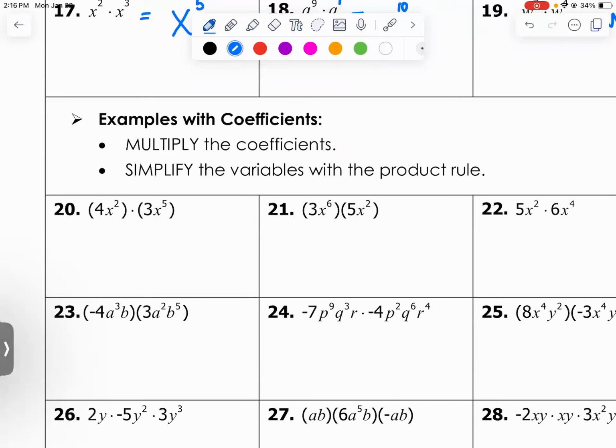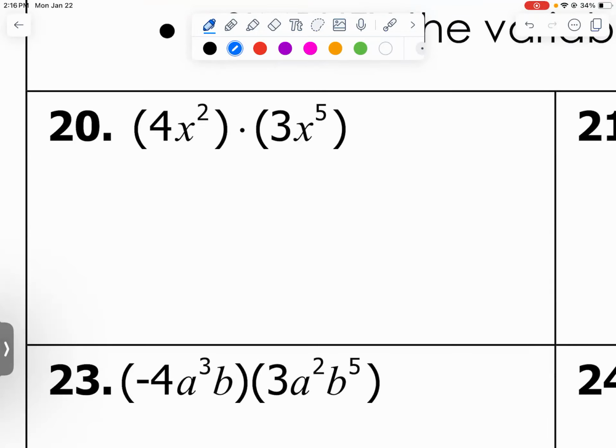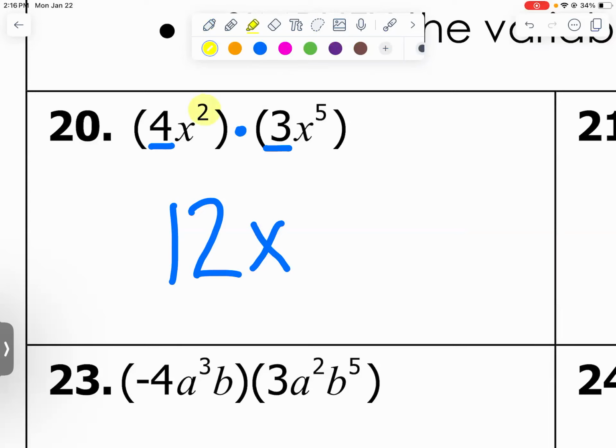So like in number 20, don't overthink this. Do we know how to take 4 times 3? What is it? 12. But then we have x squared times x to the 5th, which would give us x to the 7.